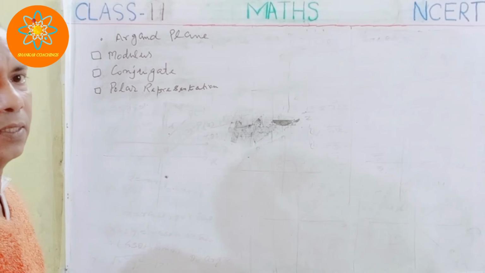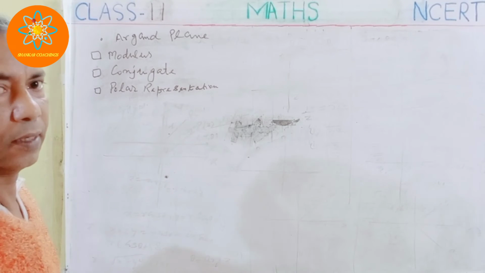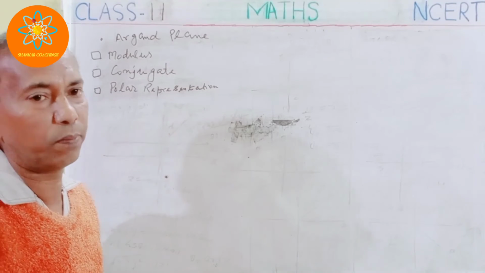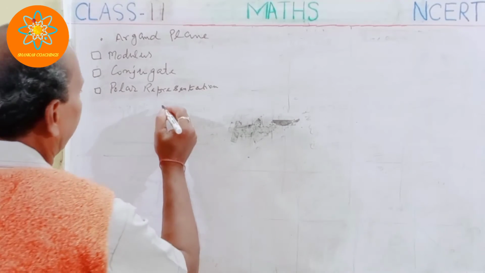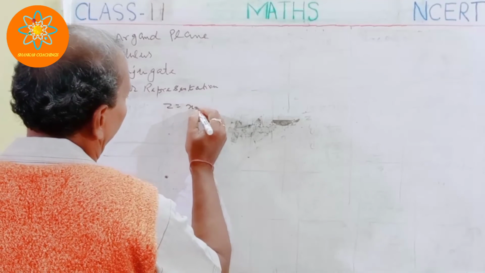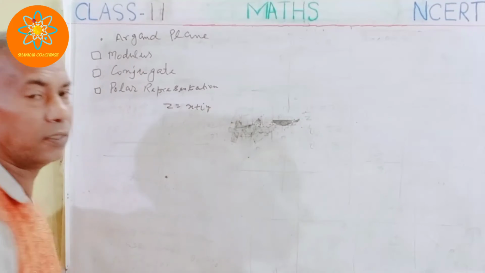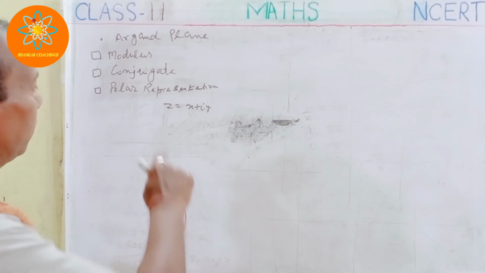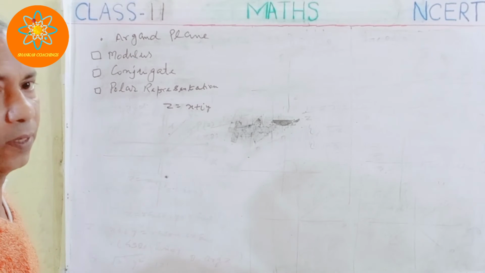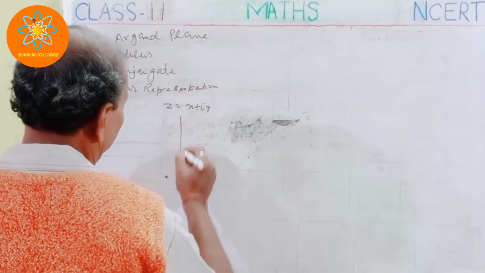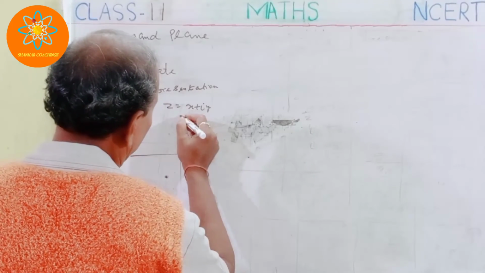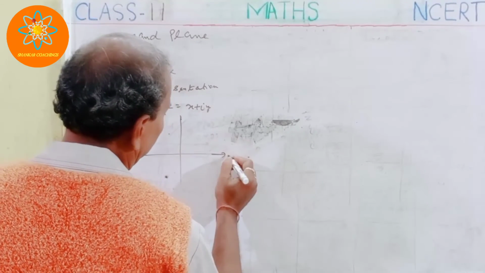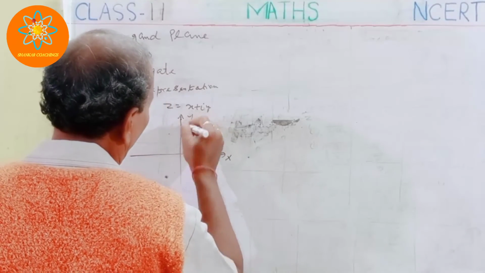How to represent this? Let any non-zero complex number z be denoted by x plus iota y. Let's represent it on the RZ plane. This is the x-axis and this is the y-axis.